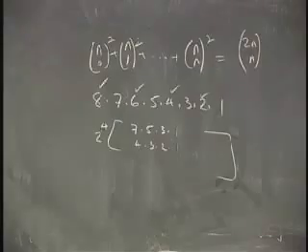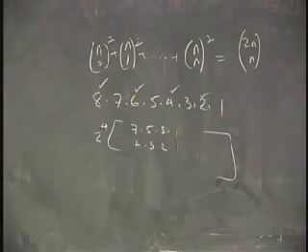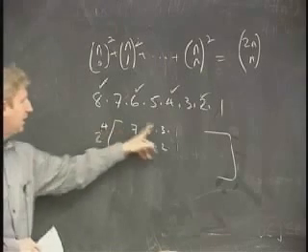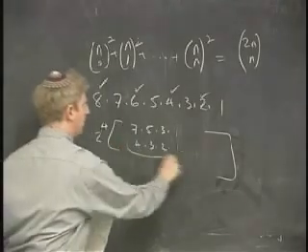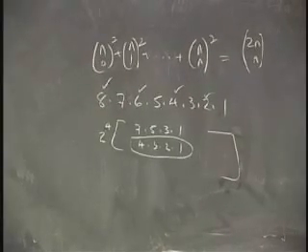I'm going to do it now in general. 2 to the 4th? How did you get 2 to the 4th? I pulled out a 2 from here, and a 2 from here, and a 2 from here, and a 2 from here. I pulled out 4 of the 2's out front, and I left myself with a nice factorial and a bunch of odd numbers. But you see those odd numbers? That's what I'm hoping to look for. That's why I did this. I'm looking for those odd numbers, so there they are.